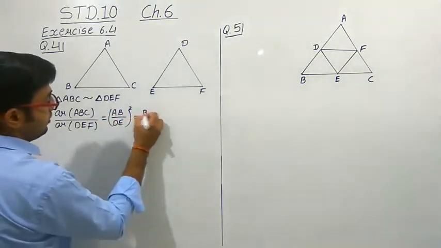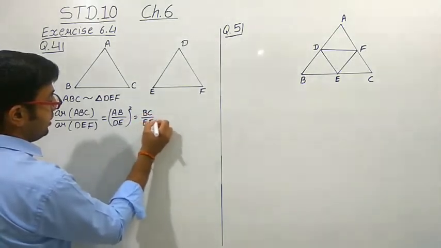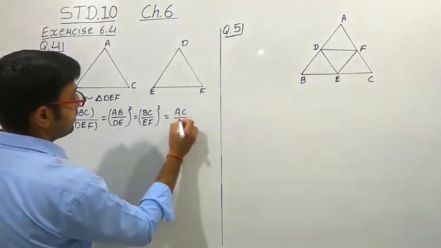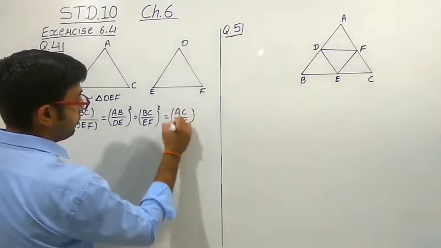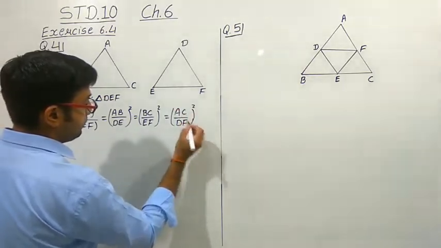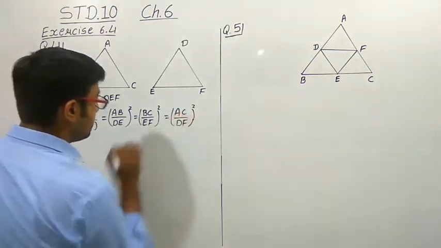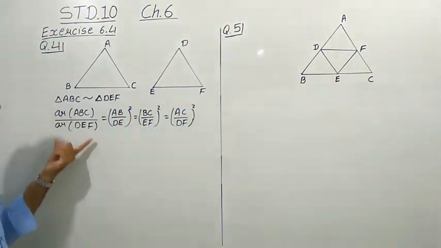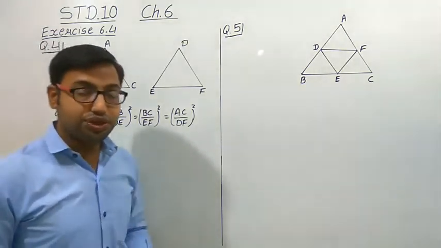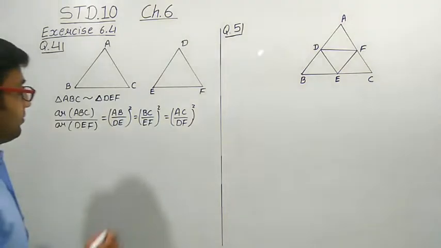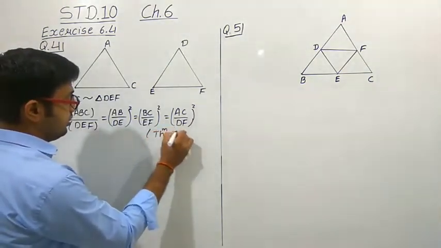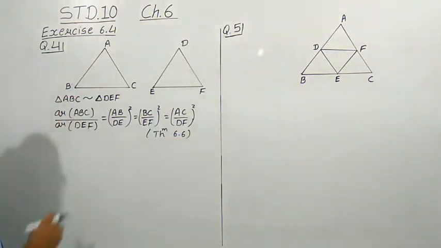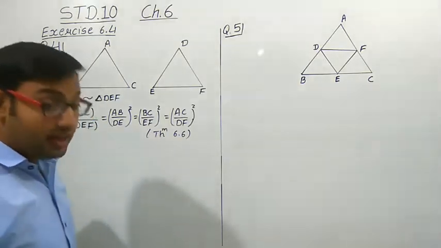In the same way, BC upon EF whole square, that equals AC upon DF whole square. This is the ratio of the squares of the sides, and that equals the ratio of the areas of the two similar triangles. This we can write according to theorem number 6.6.